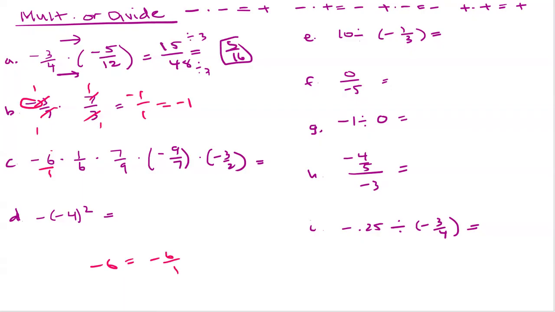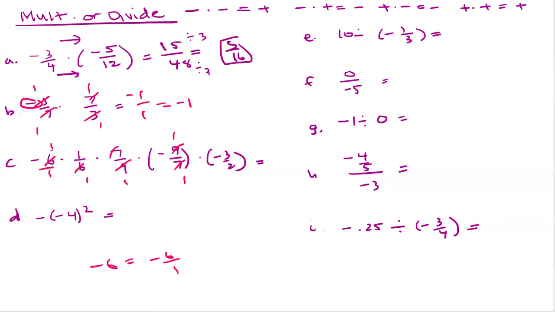Then I'm going to do the exact same thing as I did on part B. I got 6's here, so I'm going to cancel that out. That leaves me 1 of each because 6 goes into 6 one time. Same thing for this one. I can cancel these guys out. 9 goes into 9 one time. And same thing for here. 7 goes into 7 one time.